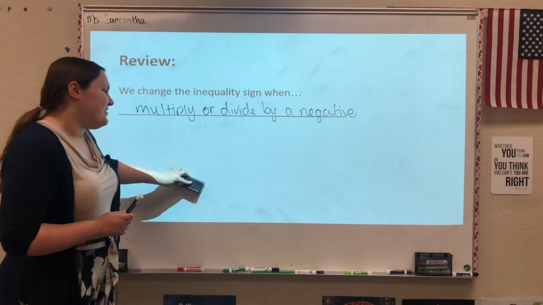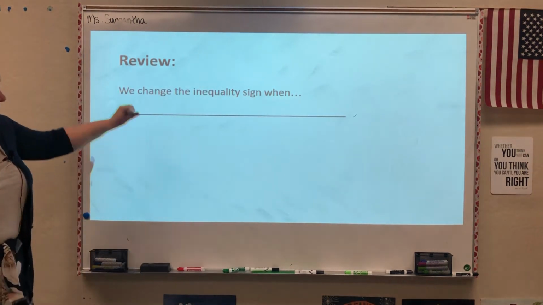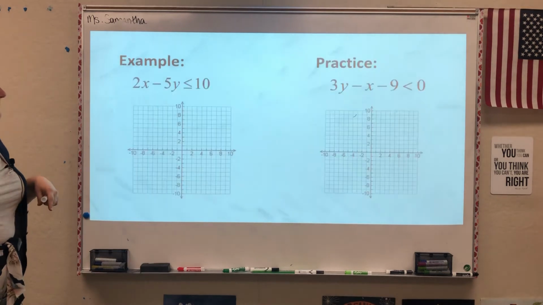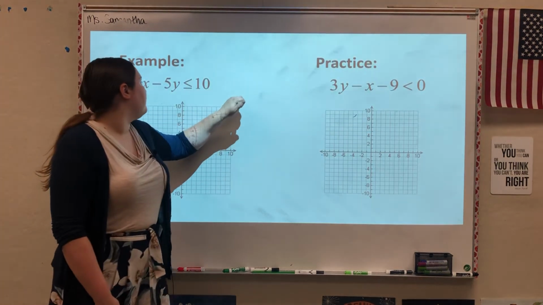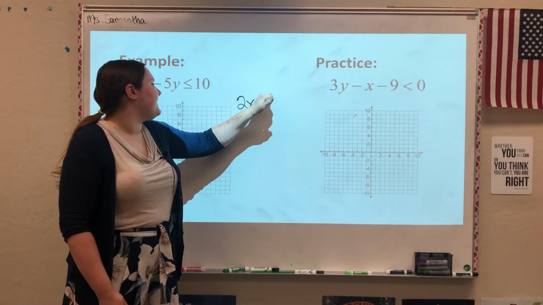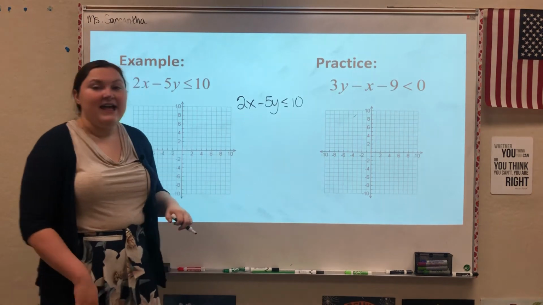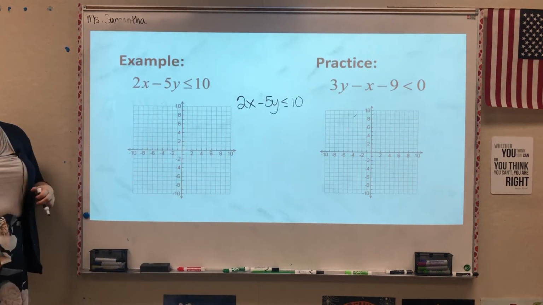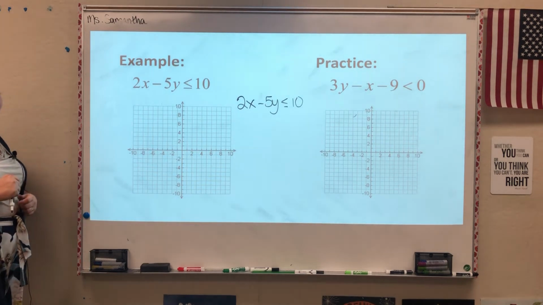That same rule is going to be true even with linear inequalities. So when I'm changing that linear inequality into slope-intercept form, if I have to do that, I'm still going to need to flip my inequality sign. So looking at our inequality, I'm going to put it over here. We've got 2x minus 5y is less than or equal to 10. If I want to change it into slope-intercept form, that means I need to get y all by itself. What's the first thing we should do?